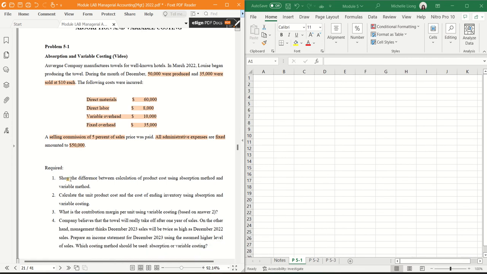The first task is to show the difference between the calculation of product cost using the absorption and variable methods. The second is to calculate the unit product cost and the cost of ending inventory using absorption and variable costing.